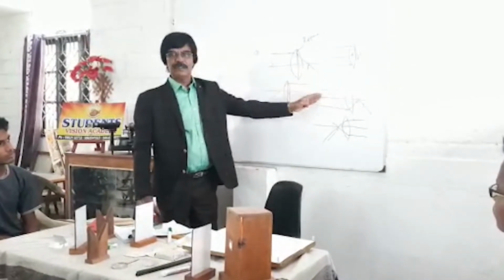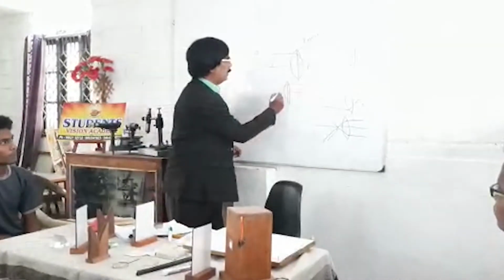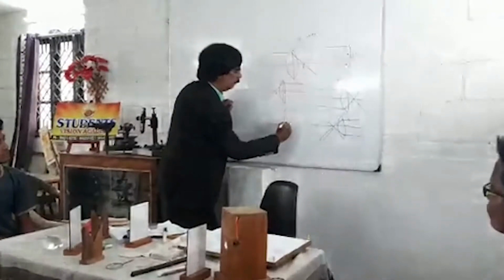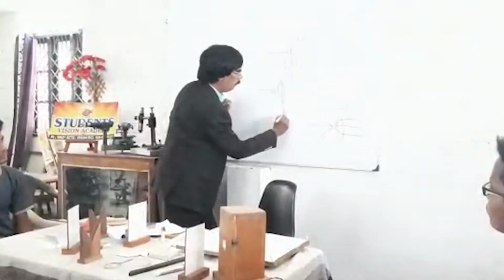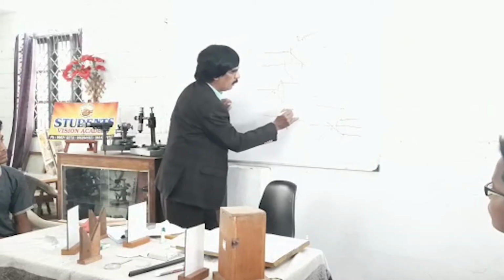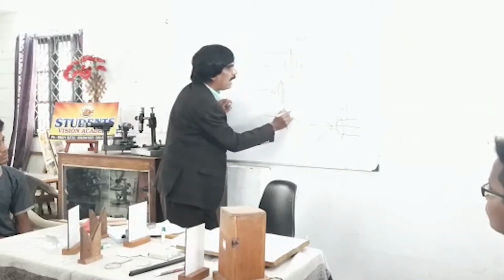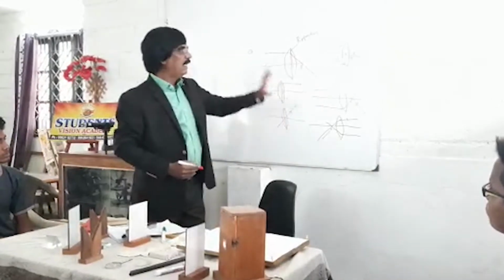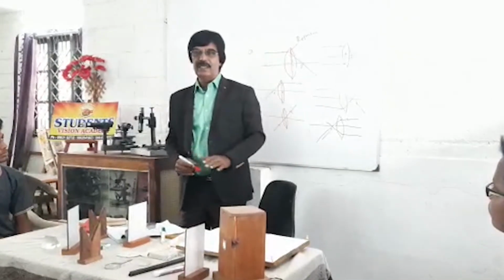Passing towards the principal focus. And the third case is, listen, the rays passing towards the optic center will go undeviated. So, go undeviated. These are the three basic rules we want here.